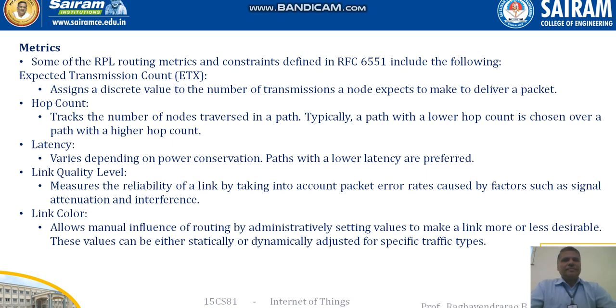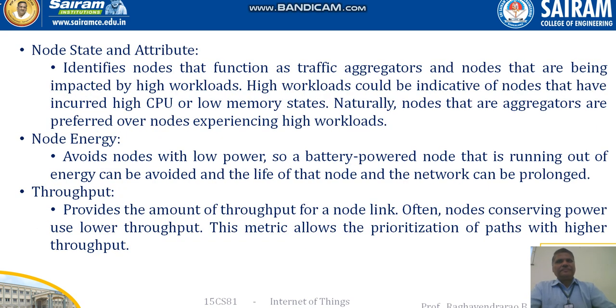This is link color. It allows manual influence of routing by administratively setting values to make a link more or less desirable. So these values can be either statically or dynamically adjusted for specific traffic types.